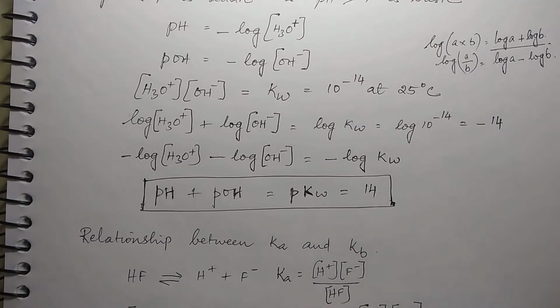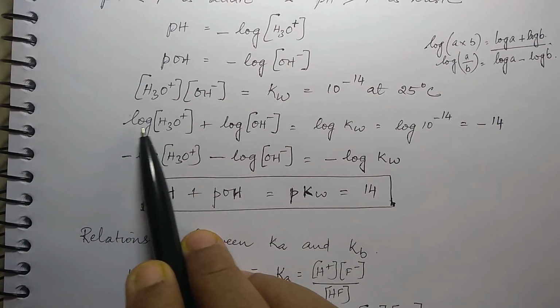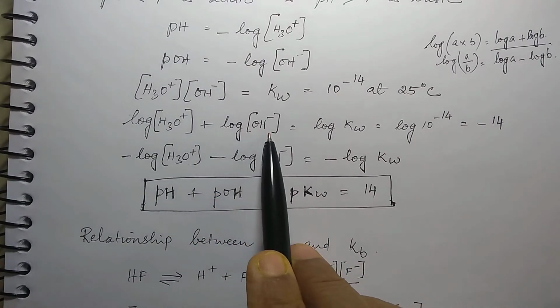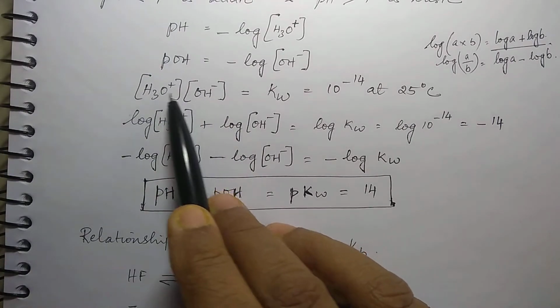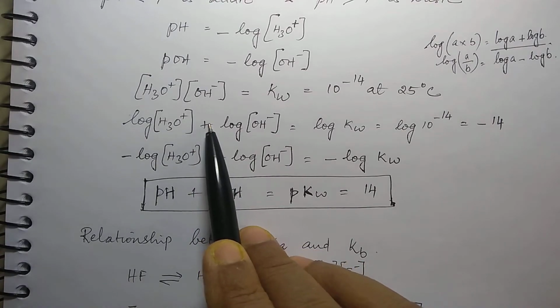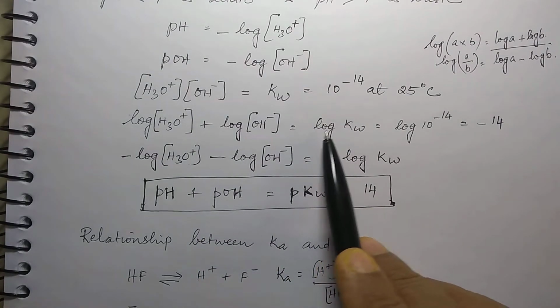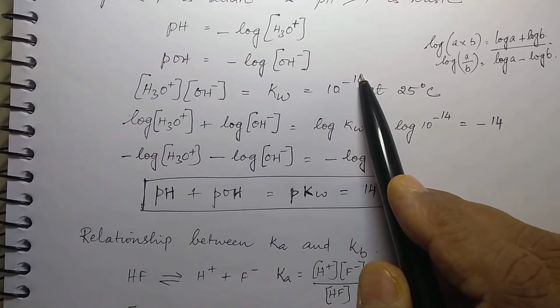All these things slowly you will come to learn now. So, I have taken log H3O plus and log OH minus. When it is multiplication, there is an addition here. That is equal to this. And Kw, how much? It is 10 power minus 14.